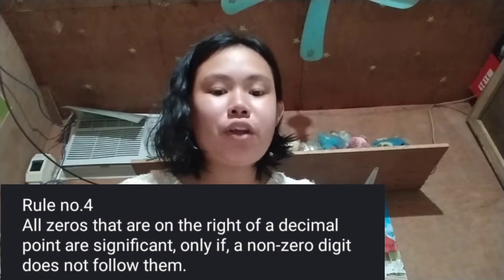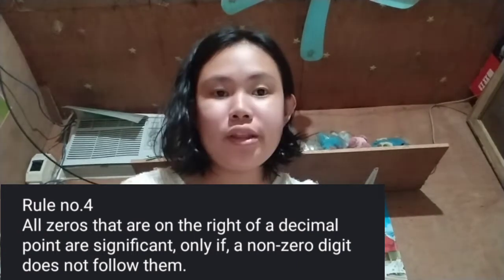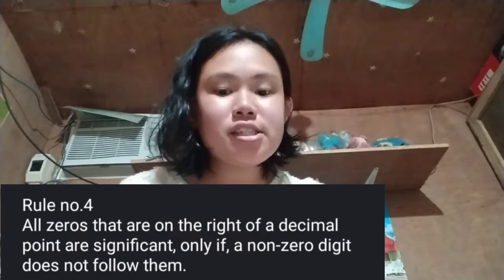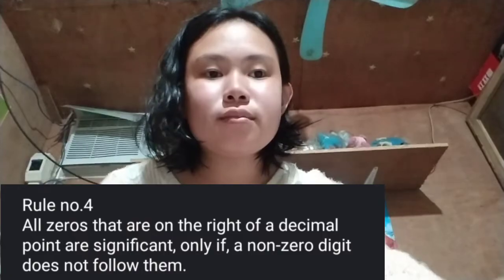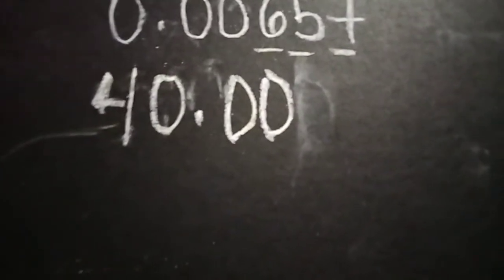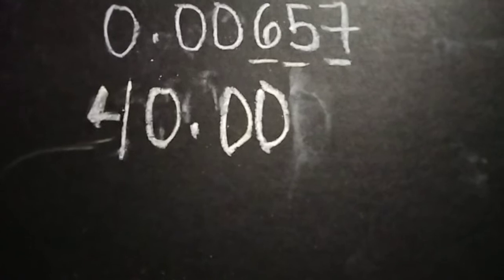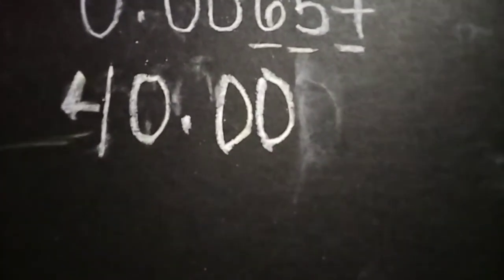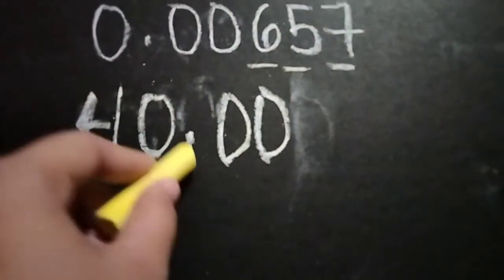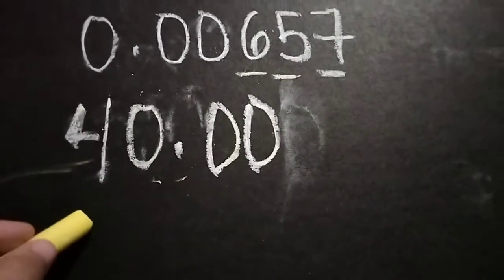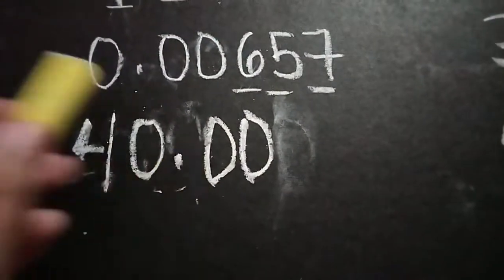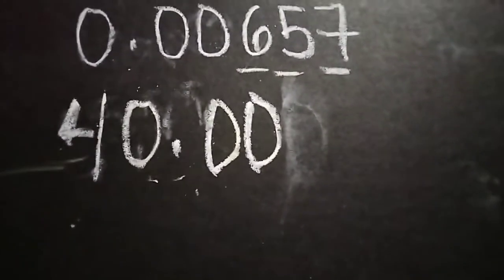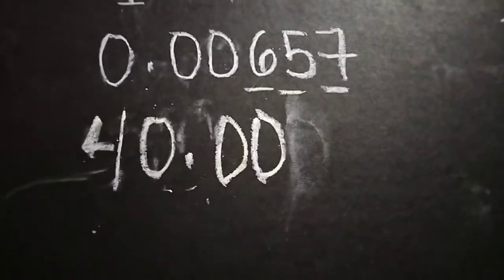Rule number 4: all zeros that are on the right of a decimal point are significant only if a non-zero digit does not follow them. In example number 4, the rule says if the zero is on the right side, it can be significant, but only if no digits follow them.